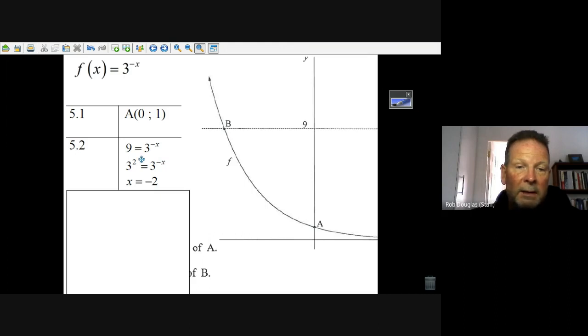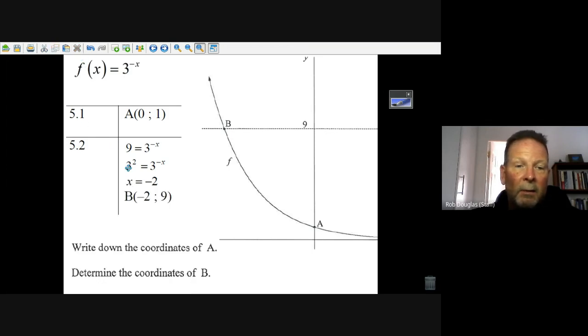If minus x equals 2, multiply both sides by negative 1, and we get our answer, x equals minus 2. We already knew that y is 9, so the coordinates of B are minus 2 and 9. Since they asked for the coordinates, give the coordinates. If you just give the x value, you'd lose some marks. So you have to answer the question.